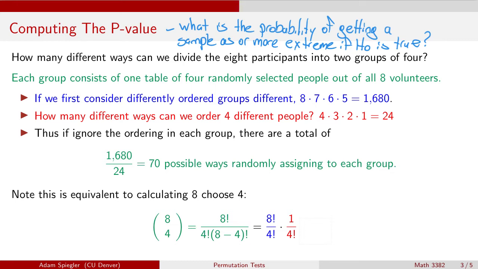And then we divide that by 4 factorial, which takes into account that we don't care about the ordering. In the end, whichever way we do it, there are exactly 70 ways that we could have assigned these 8 people to those 2 tables of 4 people.